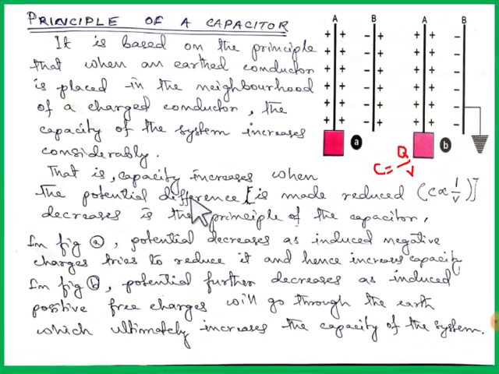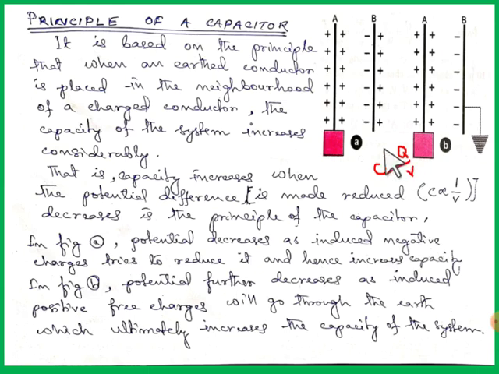That is, the capacity increases when the potential difference is reduced. That means capacitance is inversely proportional to potential. So if potential decreases, your capacitance will increase.